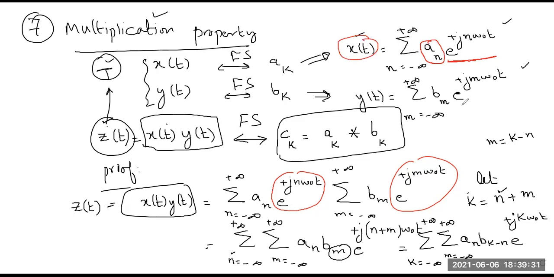Similarly, if you look at this, what is the term beside this standard term, e to the power plus j m omega naught t? It is b_m. So you will say this b_m is the Fourier coefficient of y. In a similar logic, if you look at this, what is the standard term? The standard term is this one, e to the power plus jk. So what is written beside this? It is this one.